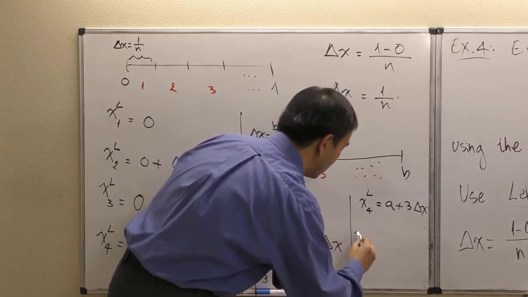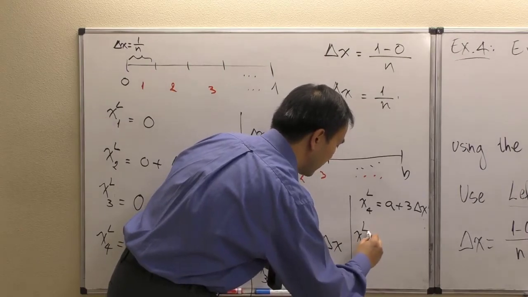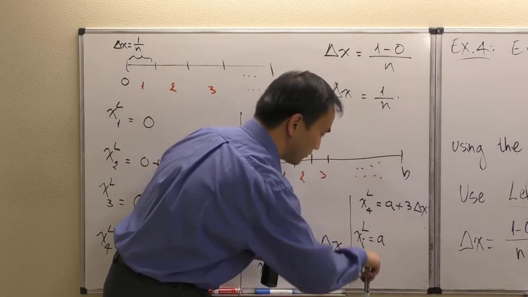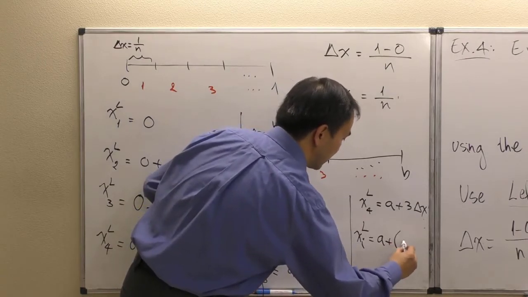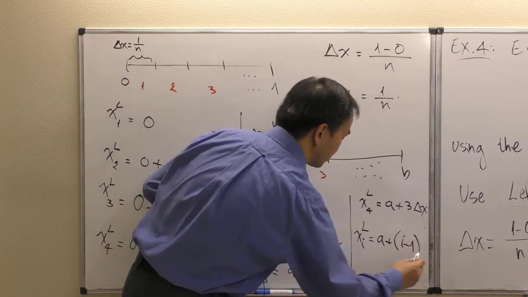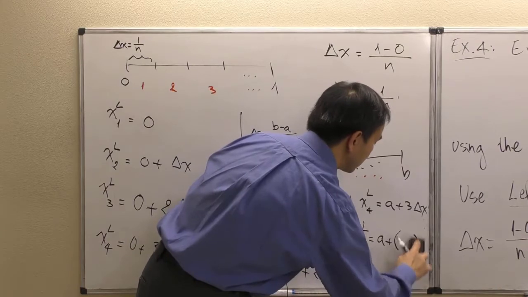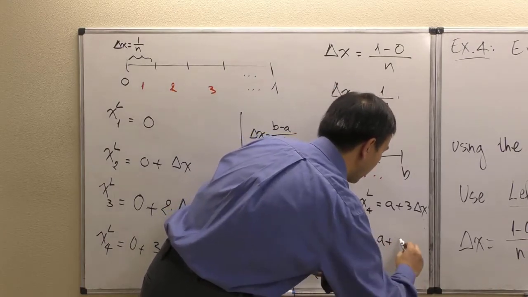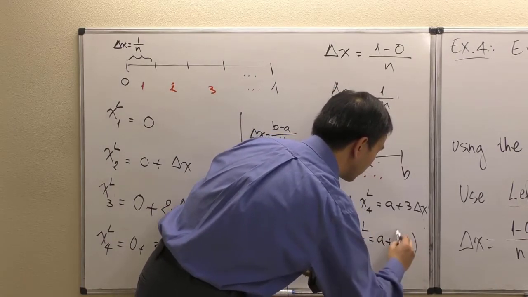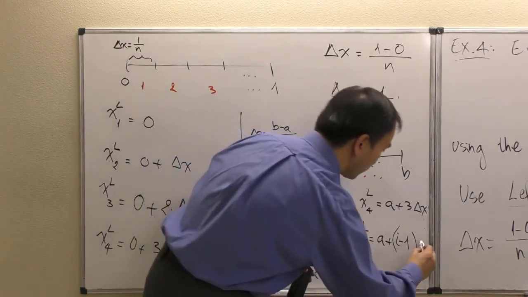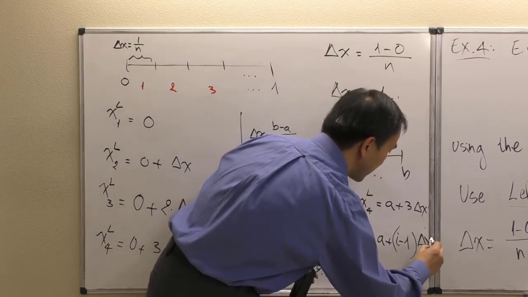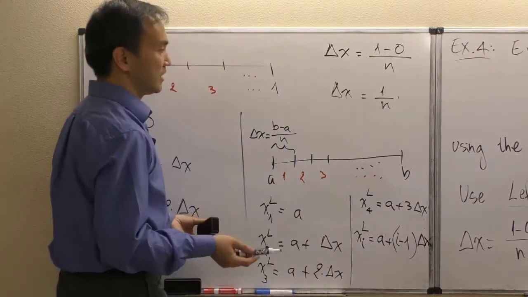So at any ith interval, the left endpoint will be the a value, the very beginning point of our general interval, plus (i − 1) times delta x. It's always 1 less than the current position of your interval, multiplied with delta x. Okay?